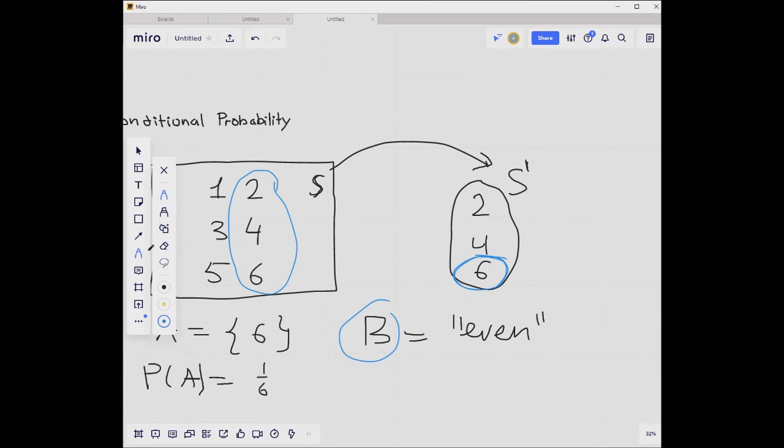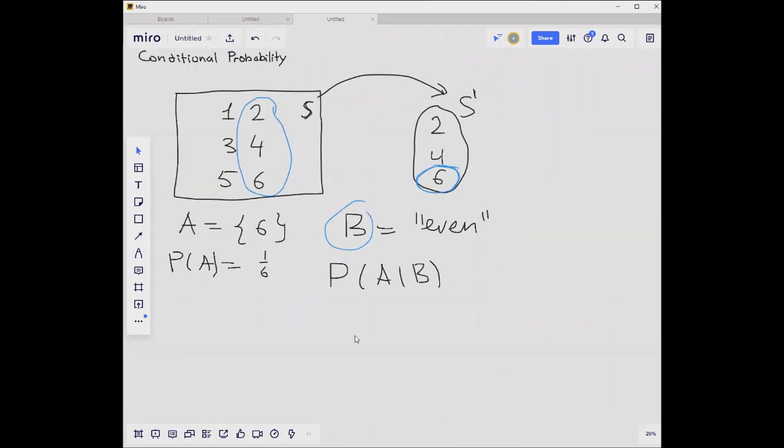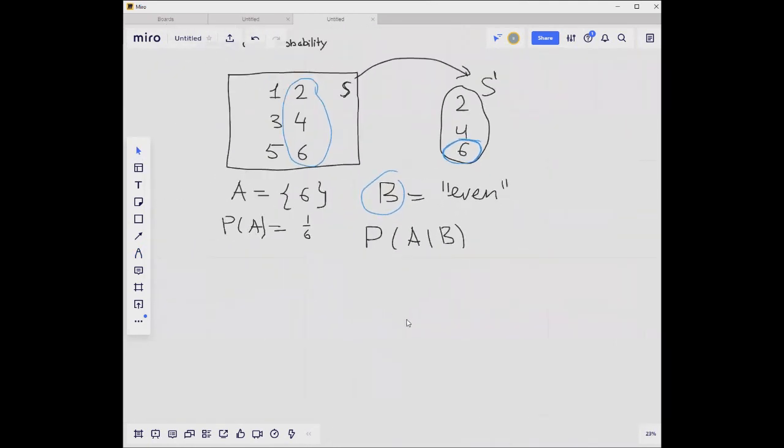The symbol P(A | B) reads probability of A given B. Now let's take a look at a general example and try to derive the formula for this conditional probability of event A given B.